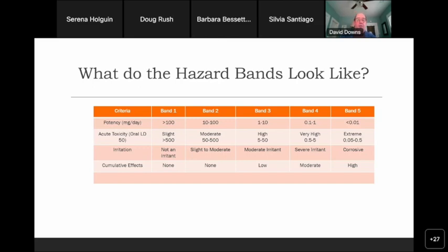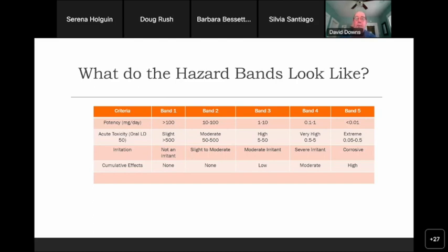Some other organizations also look at whether or not there are cumulative effects, and if there's no cumulative effect of exposure to the material, it gets a lower band rating. But if it has high cumulative effects, it gets into the higher band.